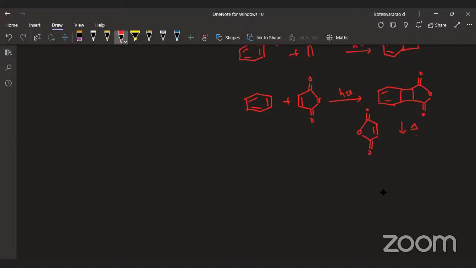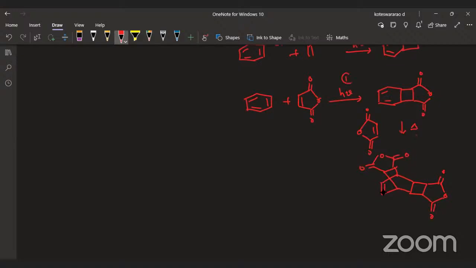The first one is the photochemical condition; this is the thermal condition cycloaddition reaction. This is the product.